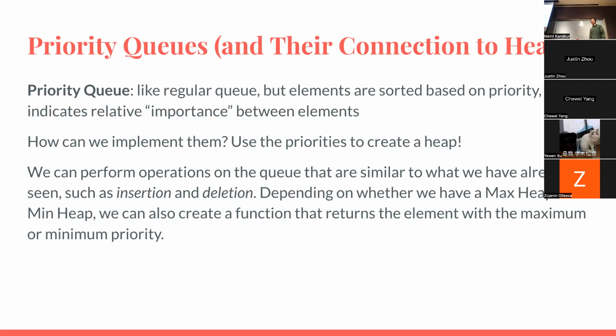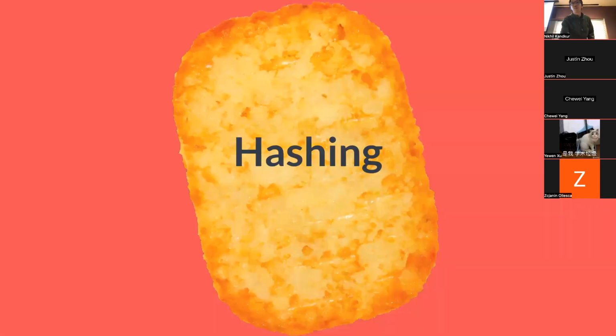So if you wanted to prioritize things with a higher value priority, then you make a max heap. And the other way around, you make a min heap. Any questions on heaps and priority queues and how they are interrelated? All right, if not, time for our last topic.